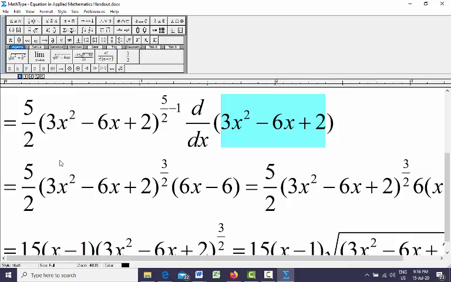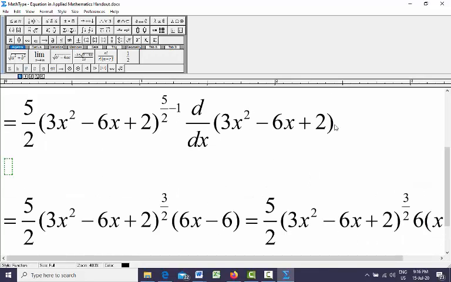So now as you can see 5/2 is there, and if you deduct 1 from 5/2, we will get 3/2. And if you do differentiation of this one, we will get 3 multiplied by 2x. That means 6x. So let me write another step here, so that you don't get confused.